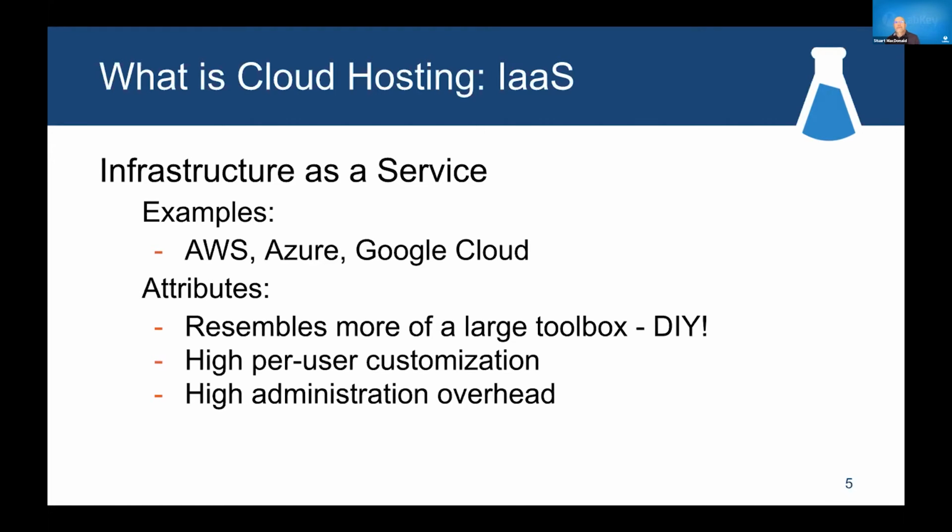So in keeping with the theme of dwellings and analogies that I talked about previously, this one's a little bit different, and that you can think of this infrastructure as a service as more like, instead of a dwelling, you go to the big home improvement store and you have a wide array of vast things you can choose from. You have lots of tools and supplies and other things for your home, but you can't really buy a home there, or you can't really buy a dwelling or anything like that.